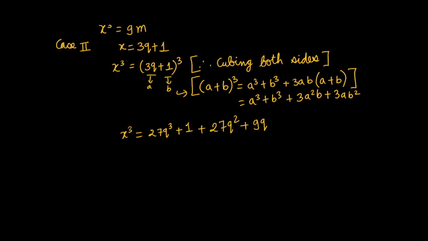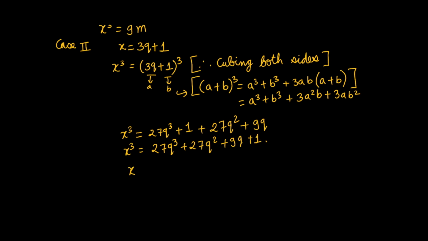So we arrange it in exponential form: 27q cube plus 27q square plus 9q plus 1.